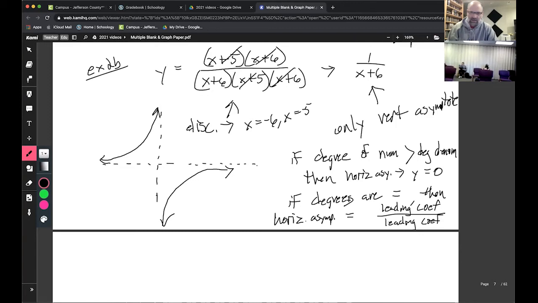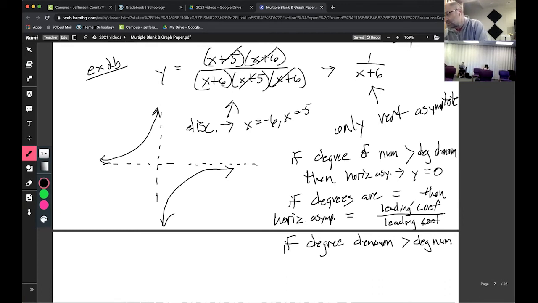Okay, so the third example is if the degree of the denominator is greater than the degree of the numerator, then the graph... Okay, I think I messed that up.